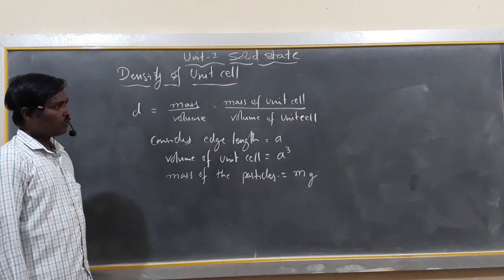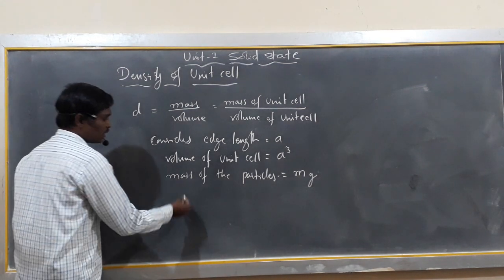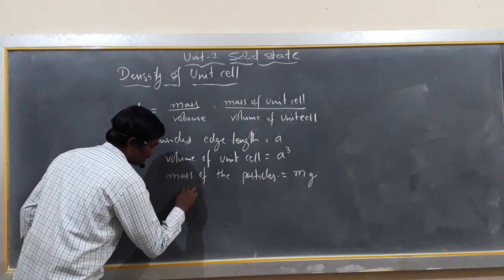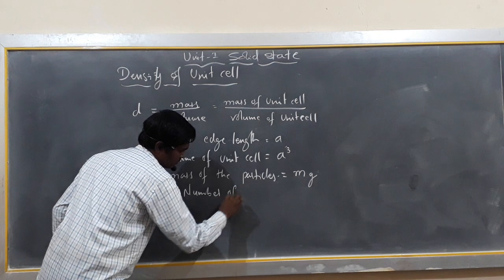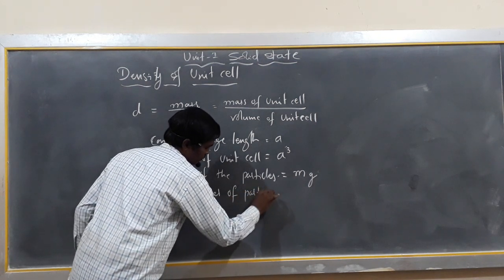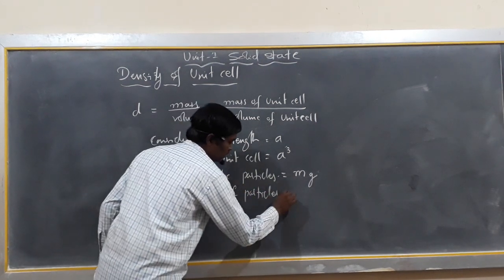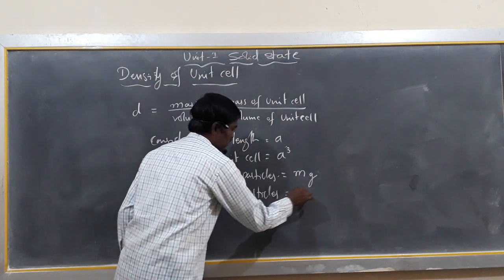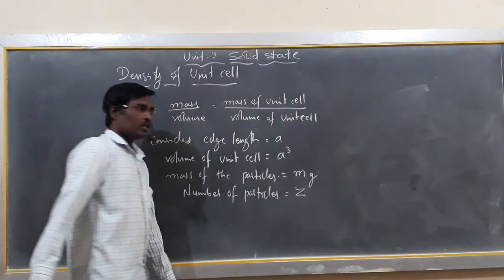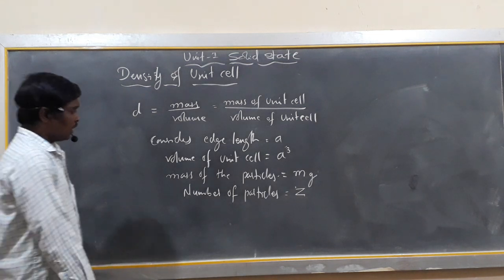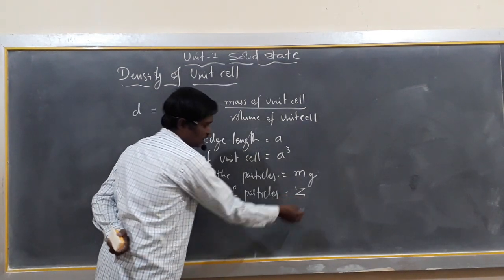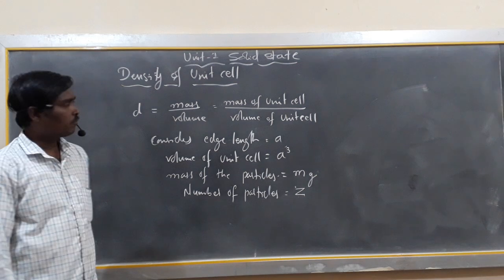The total number of particles present in that unit cell, the number of particles in the unit cell, is denoted by Z. And this value changes with the type of unit cell.